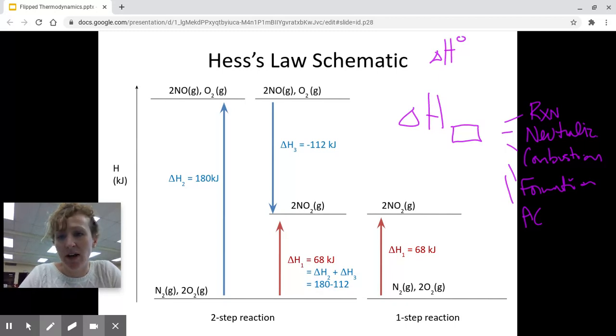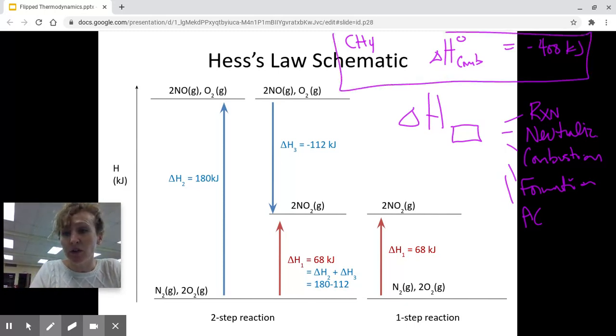So if you have delta H naught combustion listed for, let's say, CH4, and it gives you a value of negative 400 kilojoules. I'm totally making this up, but let's roll with it. This is all the information they give you. They don't give you a reaction. This enthalpy change is for the combustion reaction of methane. They don't give you the reaction because they assume you can write it.